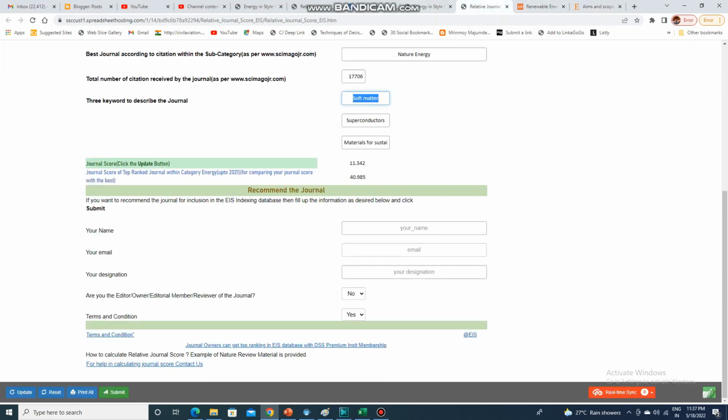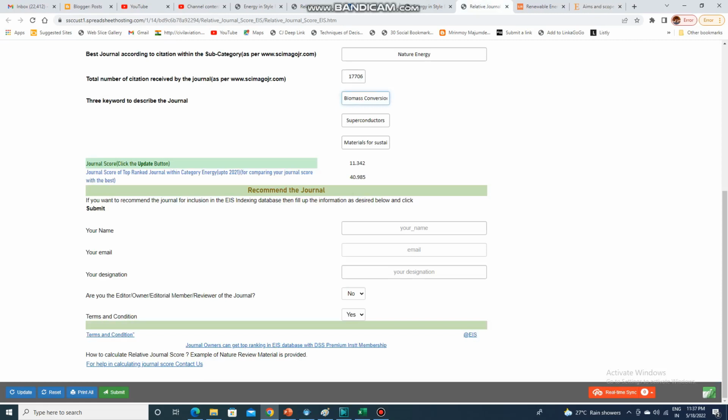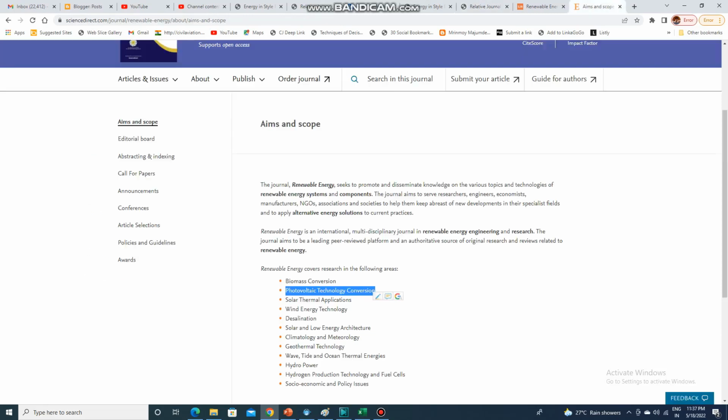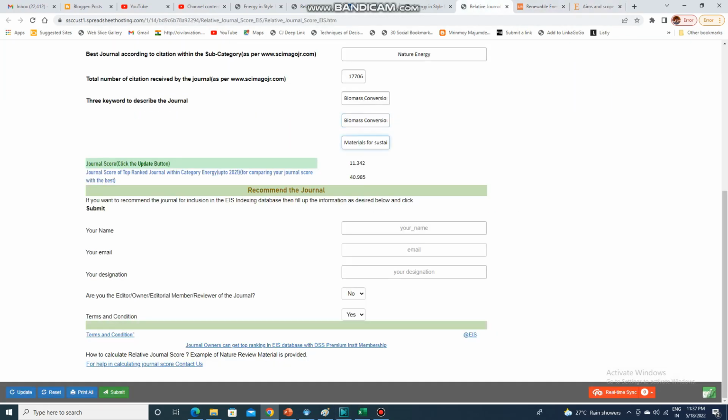If you do not want to recommend the journal you are evaluating, then you can ignore this step. Then photovoltaic technology conversion, and then solar thermal applications. These are the top three categories. There are many other categories, so you can use the top three as keywords, right?